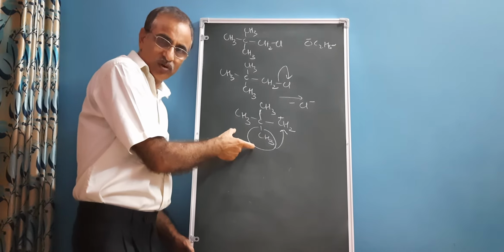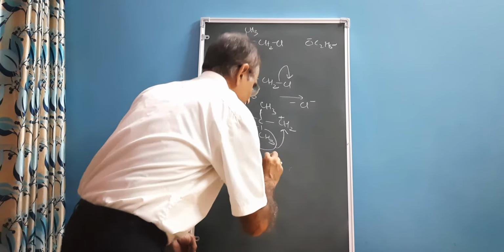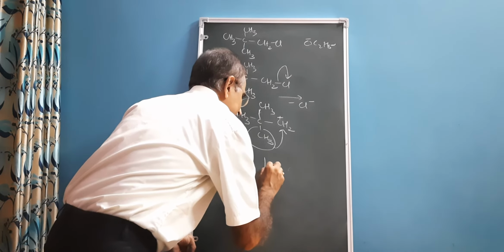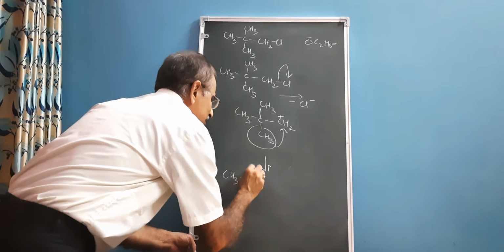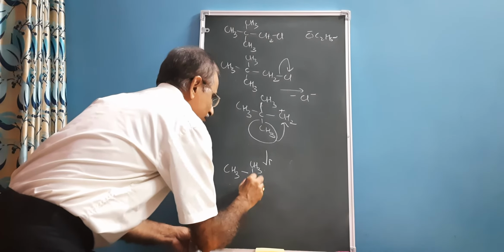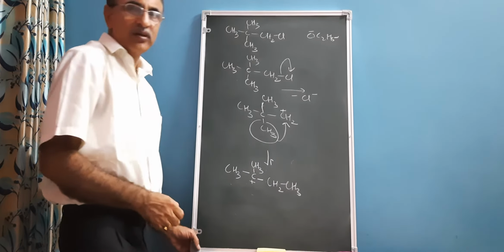Since tertiary carbonium ions are more stable as compared to primary carbonium ions, therefore isomeric change takes place, and as a result this carbonium ion is formed.